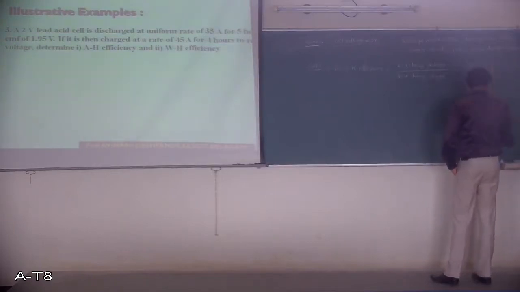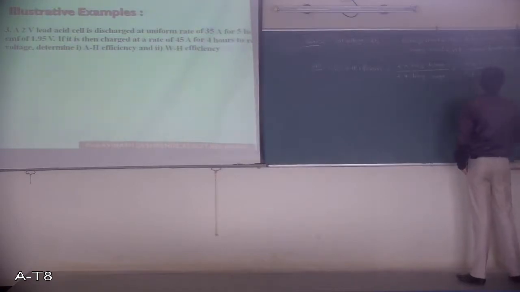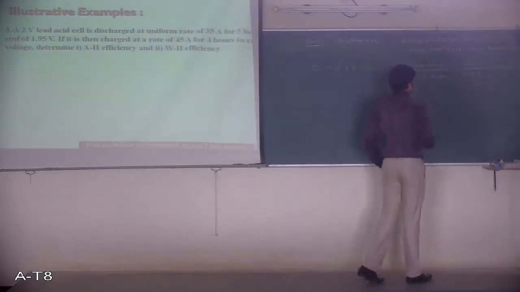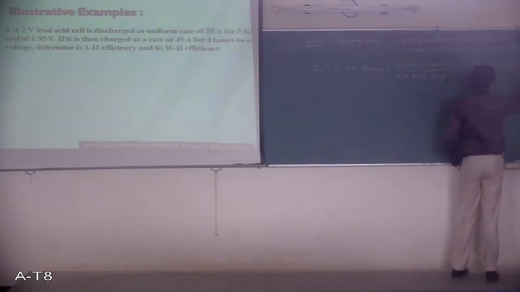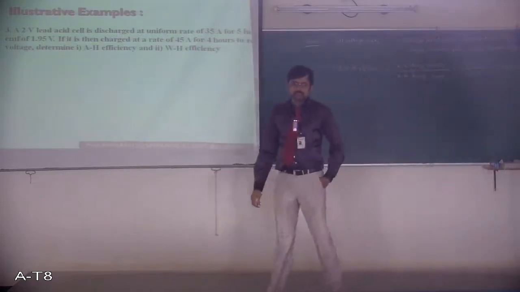How much will you get? Probably 0.972. If I convert that into percentage, multiply by 100, 97.2%. So this is the ampere hour efficiency of the cell.